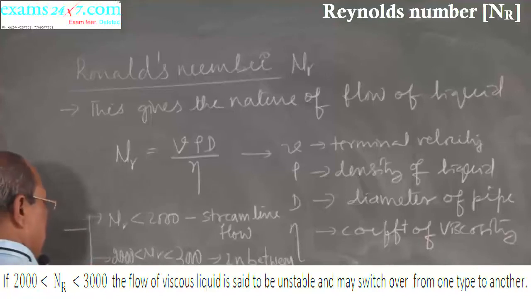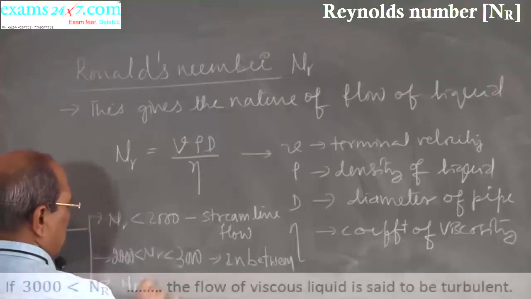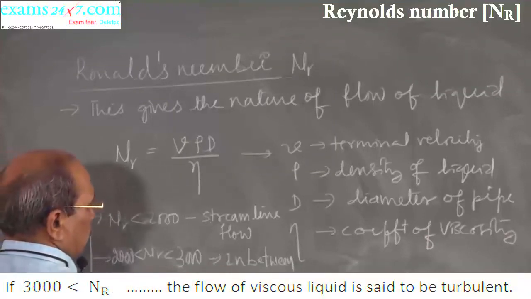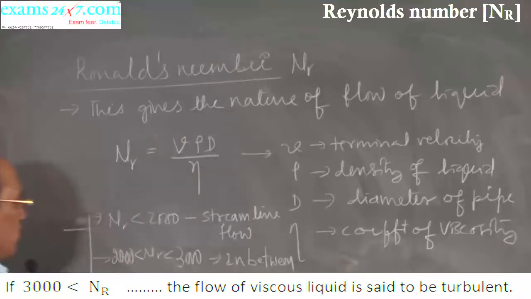If this number becomes greater than 3000, then it is called turbulent. How we decide the nature of flow, streamline or turbulent, is obtained from this Reynolds number.